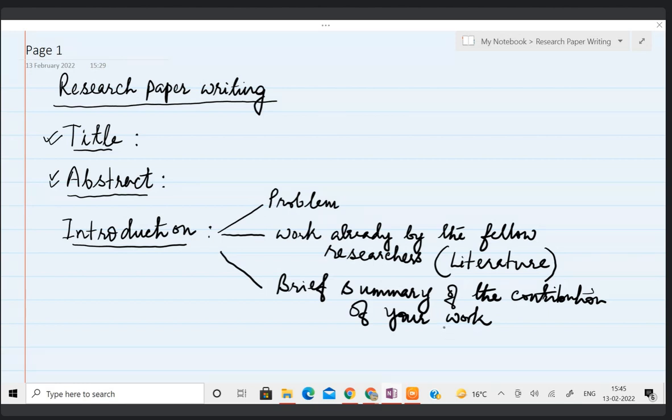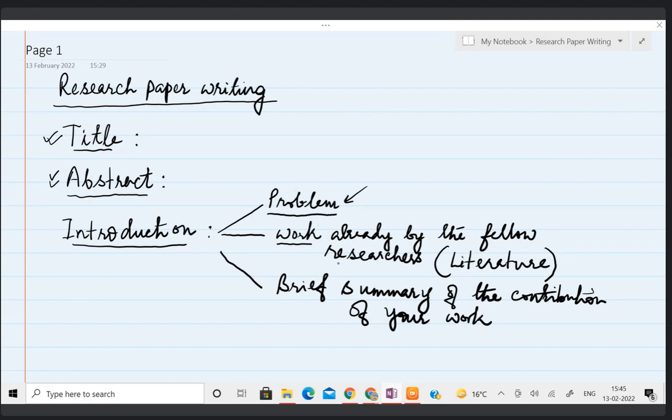Okay, so this constitutes the introduction. So the introduction has a problem that you would be addressing. Then the work that has already been taken in that area to solve that particular problem, which you talk about in the early part of the introduction section.